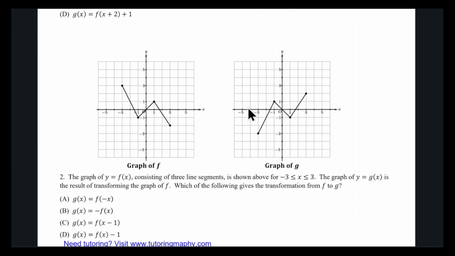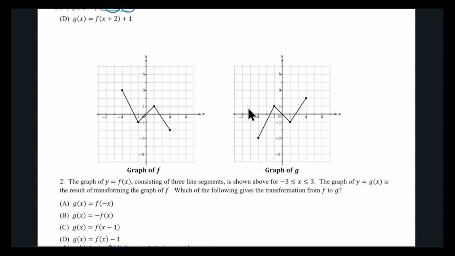Okay, likewise over here, don't you think, guys, this looks like a reflection about the x-axis because this pattern is this comes up, this comes down, this comes down, this comes up. So this is definitely a reflection about the x-axis, where option B tells us where the reflection is. So it should be option B, right?